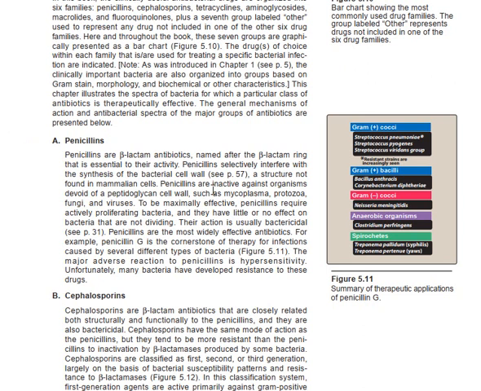Penicillins are inactive against organisms that are devoid of a peptidoglycan cell wall. Examples: mycoplasma, protozoa, fungi, and viruses. So all those that are devoid of peptidoglycan are not going to have a therapeutic effect based on the penicillins.